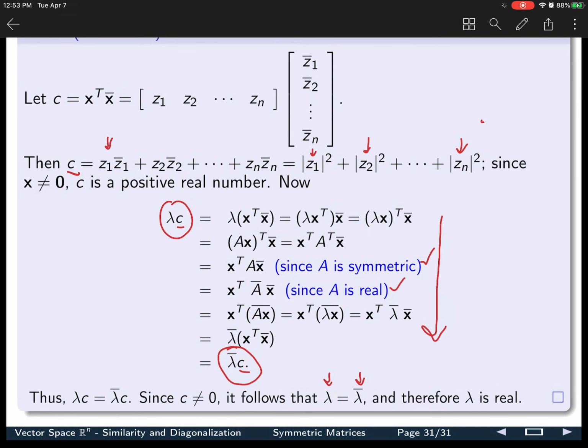Anyways, the big things that we talked about today were similarity. We know that similar matrices have the same eigenvalues. We talked about the trace.